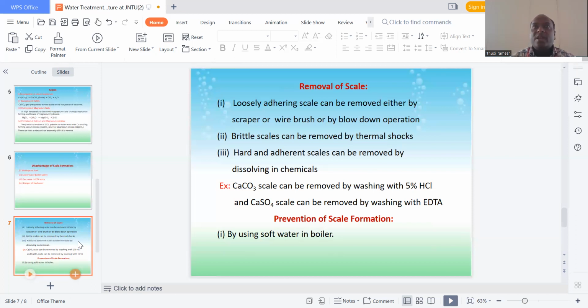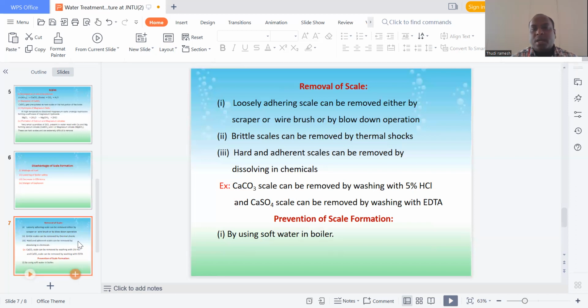And even sludges also form scales here. For a long period of time they settle in the layer, and if not properly maintained, the sludges also will be converted to a hard sticky precipitate.